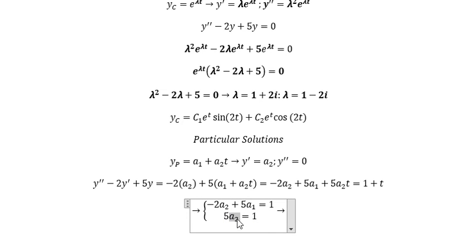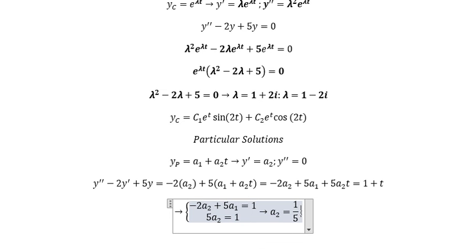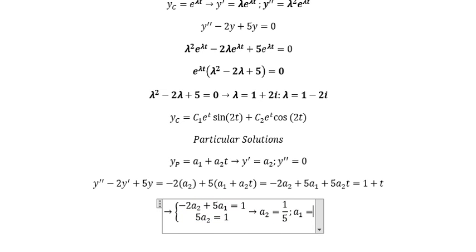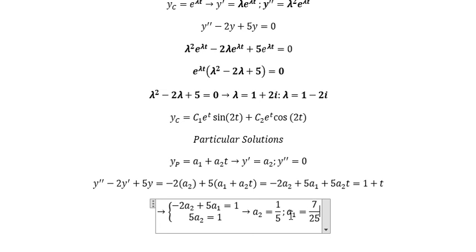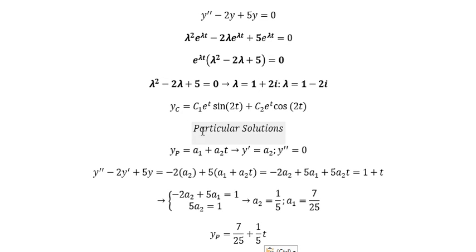You got about 1 over 5. And a1, we will got about 7 over 25. After we calculate about two numbers in here, we go back to this one. We put 7 over 25 and 1 over 5 we put in here. Now we combine yc and yp.